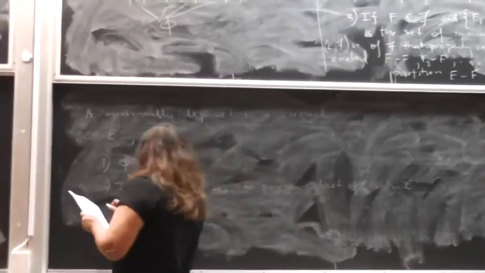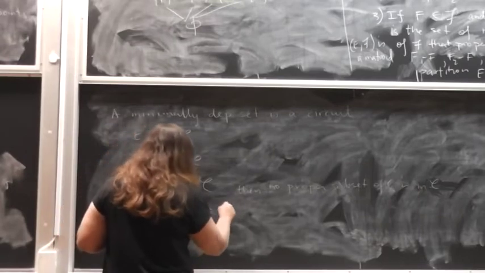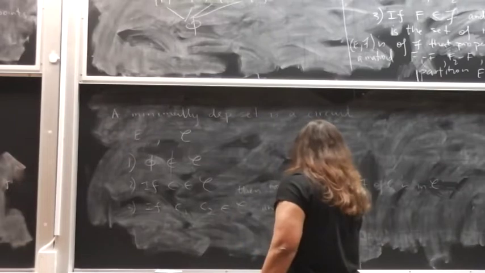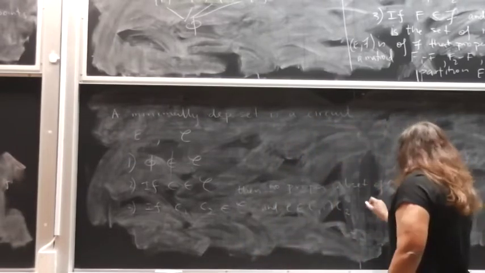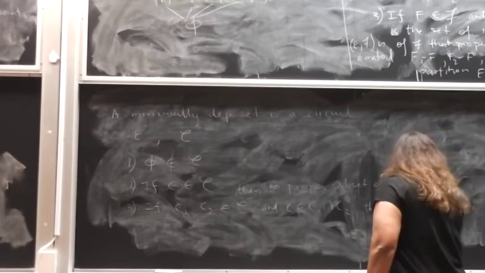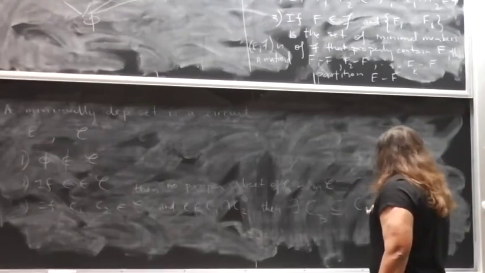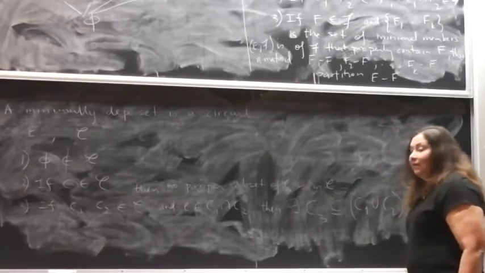And 3, if C1, C2 are circuits, and e belongs to C1 intersection C2, then there exists a third circuit contained in C1 union C2 minus e.